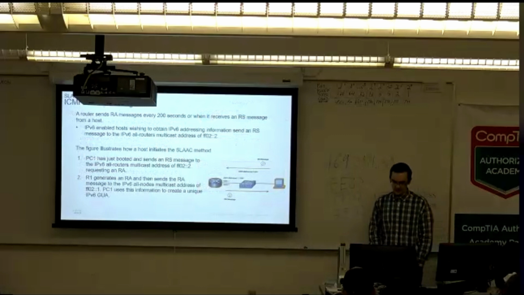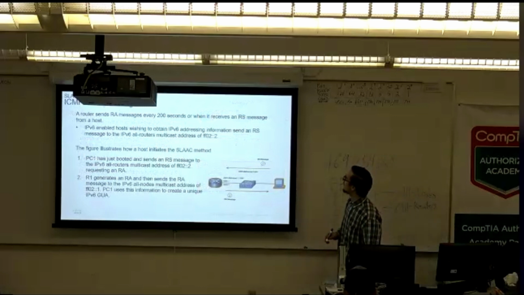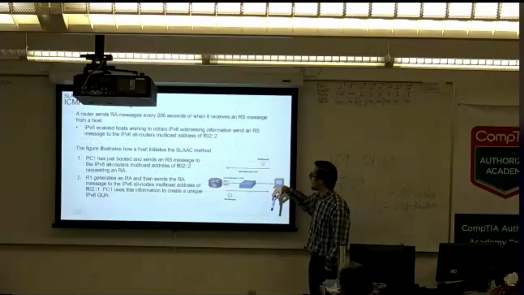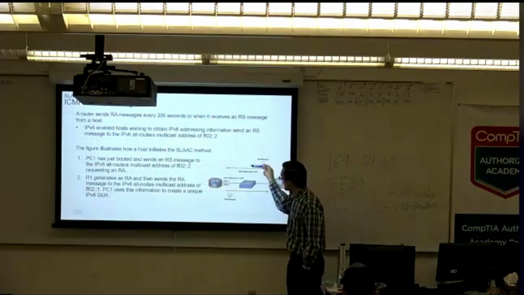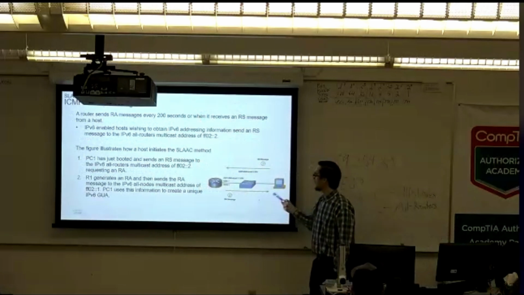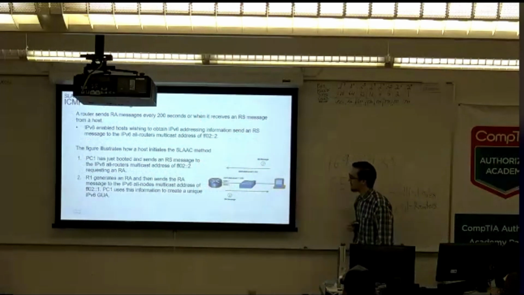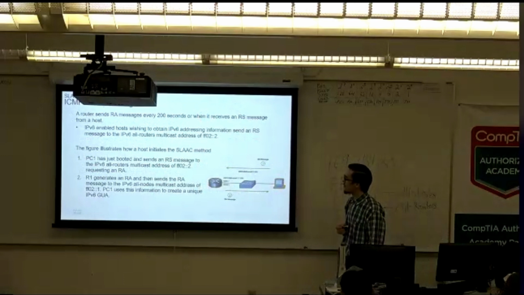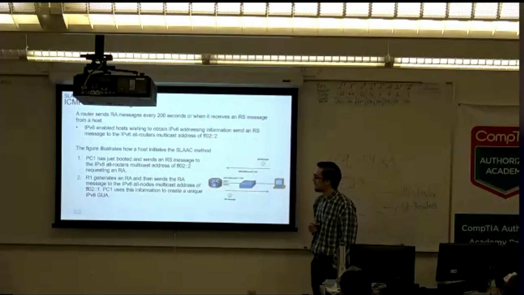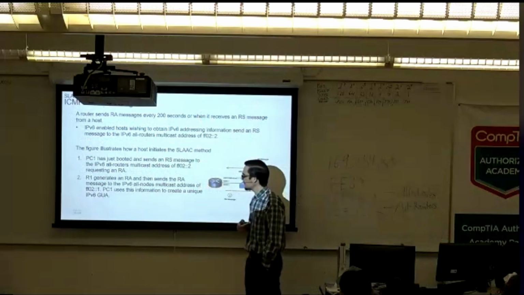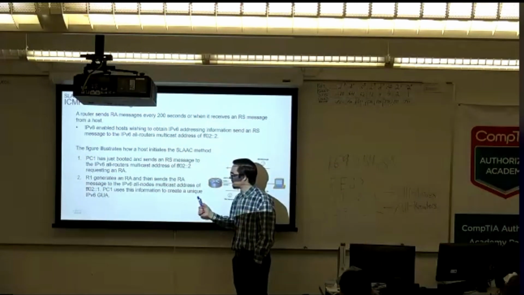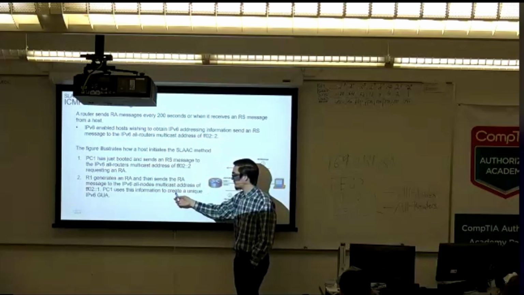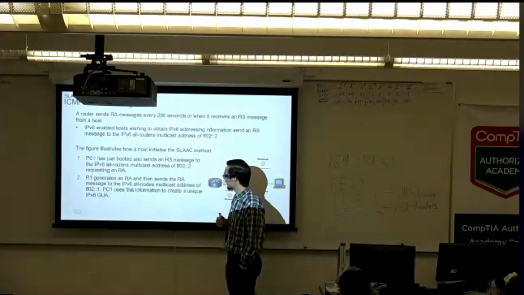All right, router solicitation messages, or when it receives a solicitation. So the computer here sends a solicitation and the router responds with an advertisement. I think this would be relevant to know for later for some reason.